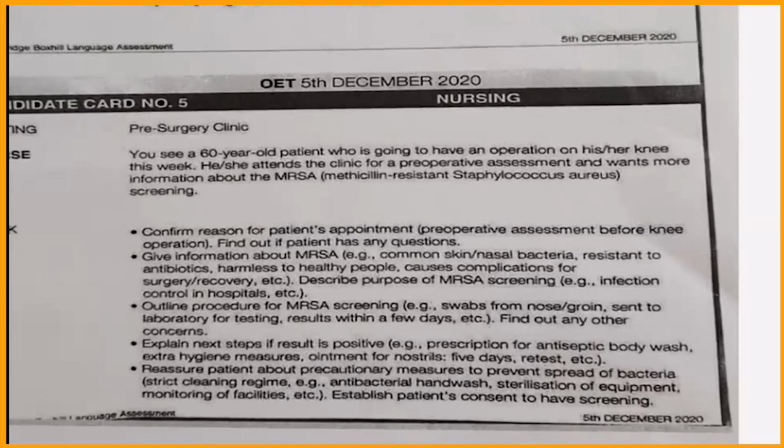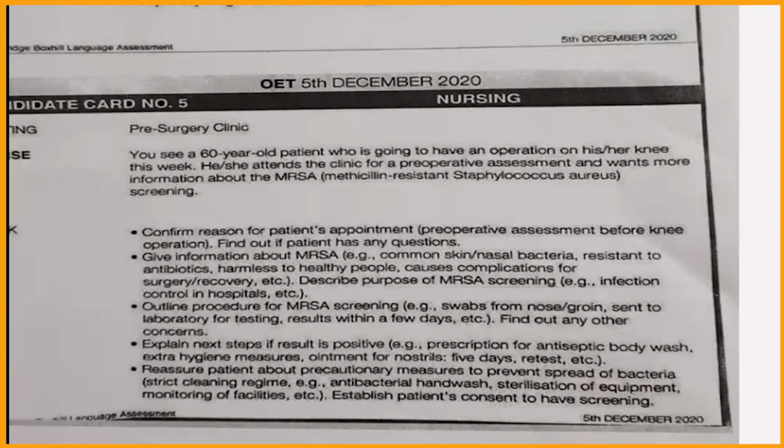Someone else? Well, Anu, do not worry. In case your results are positive for MRSA, we shall prescribe you an antiseptic body wash, and in addition to that, we shall also give you extra hygiene measures.